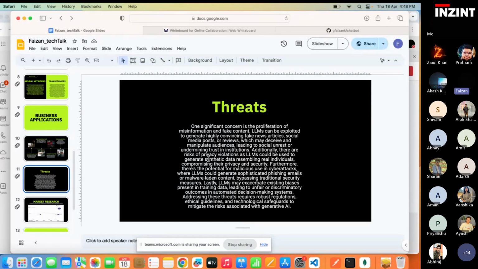Additionally, there are risks of privacy violations, as LLMs could be used to generate synthetic data resembling real individuals, compromising their privacy and security. Exactly. As we have seen nowadays, many people have created fake social profiles and fake photos of people, and have been misusing them for satisfying their own ego or whatever the aim is.